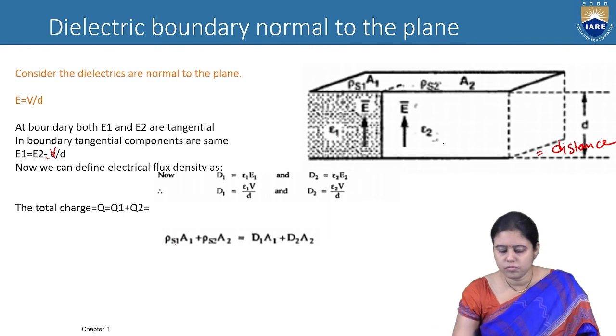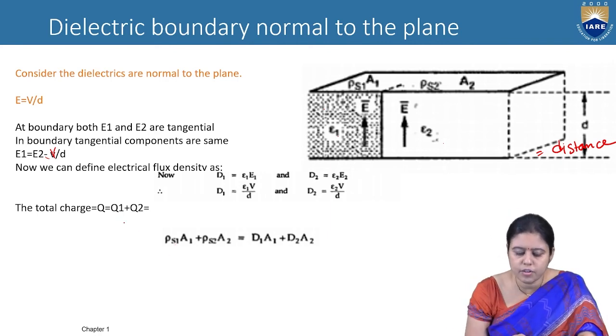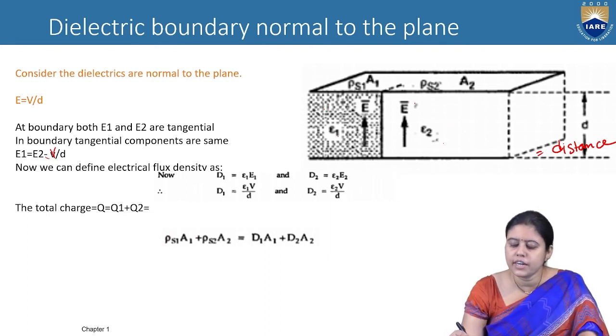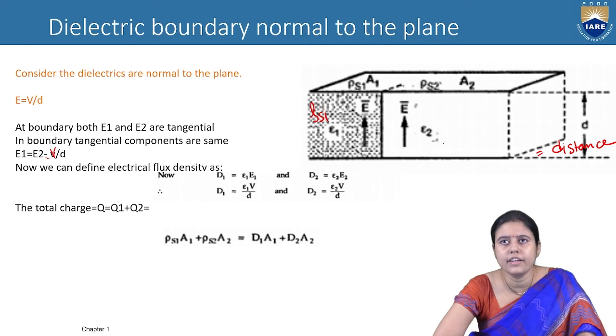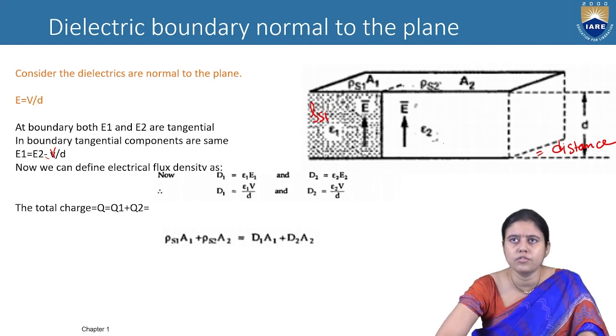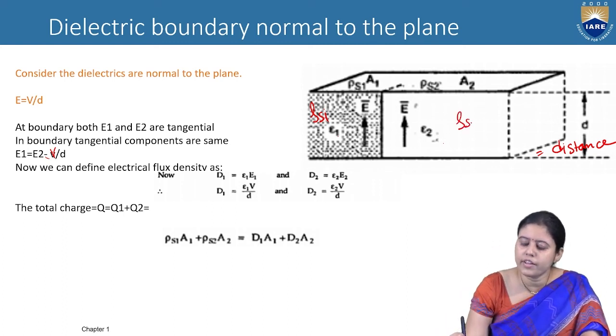And what are Q1 and Q2? This is rho S1. What is rho S1? Rho S1 is the surface charge density of this dielectric material. We are assuming this is rho S1 and this is rho S2.